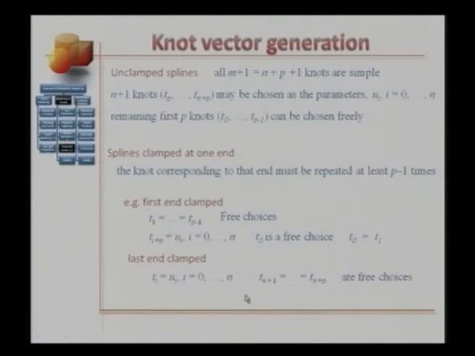And then we can set Tn plus 1 equals Tn plus 2 equals Tn plus 3 up till Tn plus P. How many are these? There are P of them. And these are free choices for us.